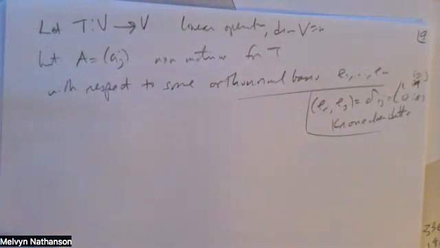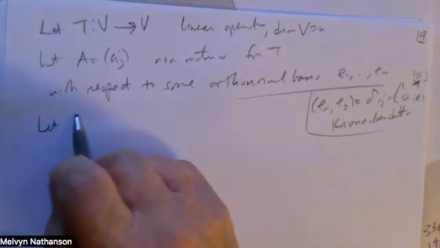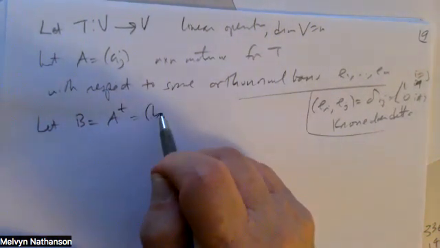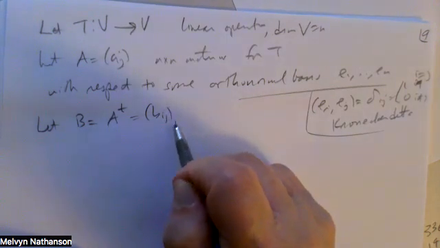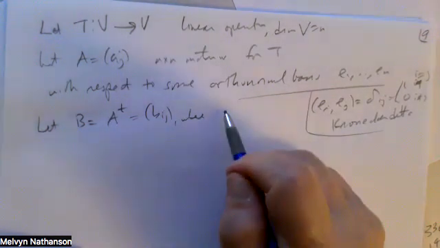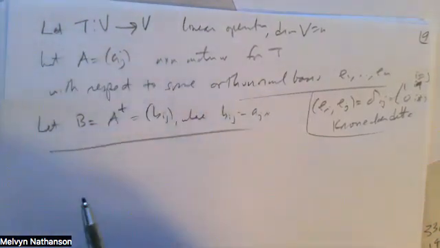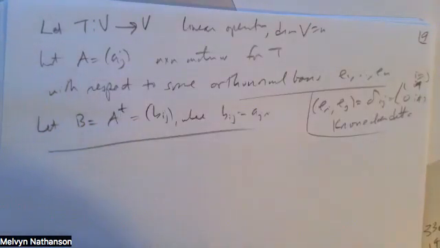So let B be the transpose of A. So let's say B has coordinates Bij, where Bij is Aji. I'm not assuming that A is symmetric. I'm just letting A be any N by N matrix, and B is its transpose.